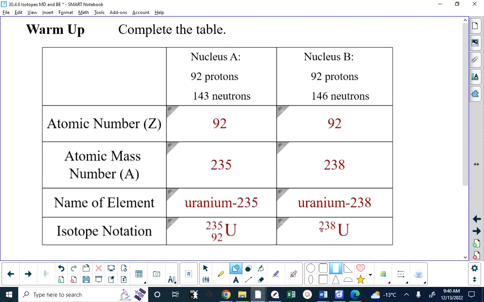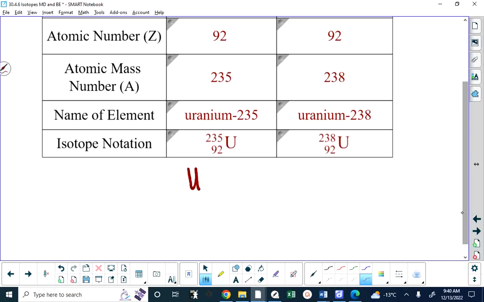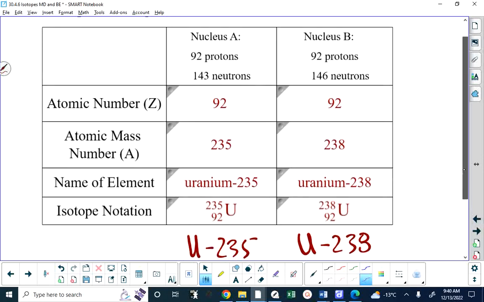I think, even though you might see it, I think in this course and in a physics class, that's lazy. I think even though it's redundant to put the 92, you should put it. However, there is absolutely nothing wrong with you writing this and this. You don't need to write out the word uranium. I'm sorry, any questions with completing that table?